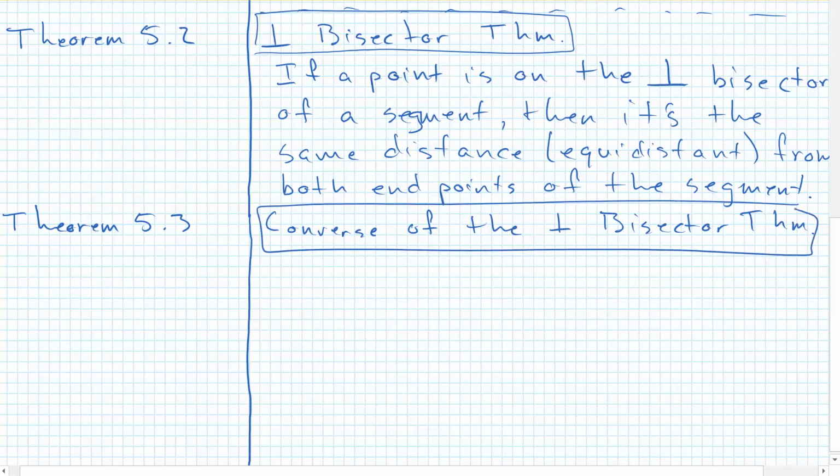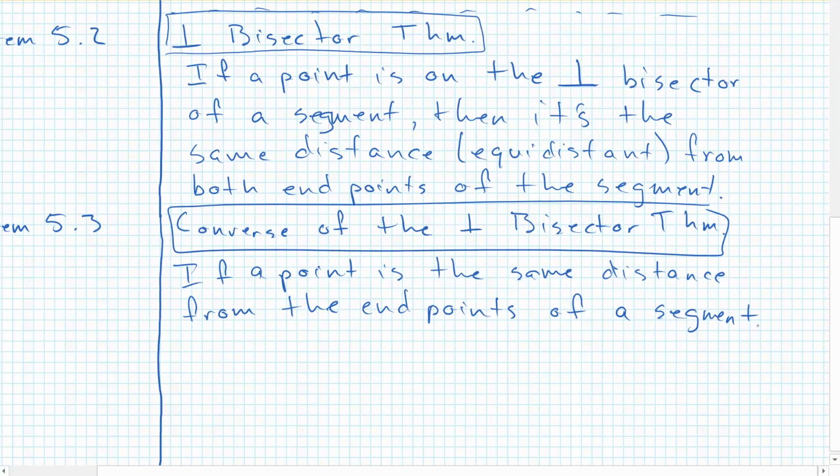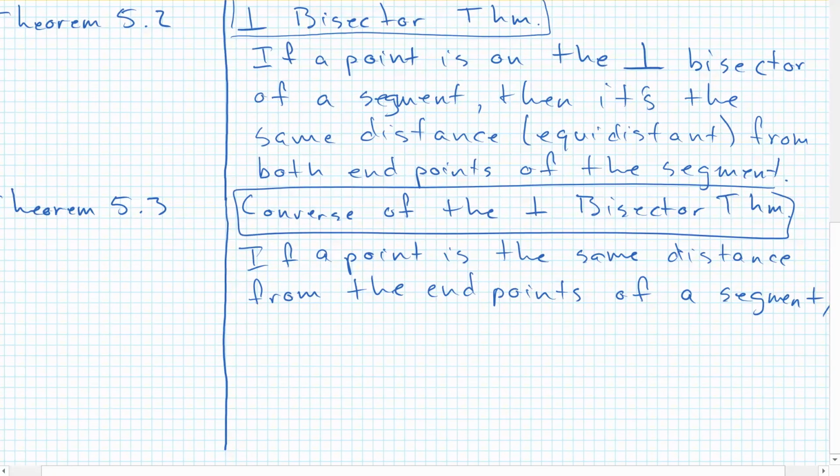Great. And this just means that if a point is the same distance from the endpoints of a segment, then it's on the perpendicular bisector of the segment.